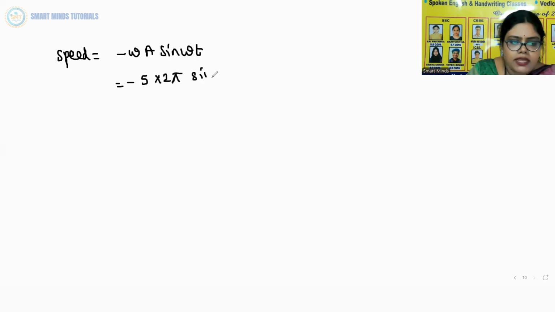Now we will see how to find the speed. Speed is equal to minus omega a sine of omega t plus phi. So you get minus 5 into 2 pi sine of 2 pi into 1.5 plus pi by 4.